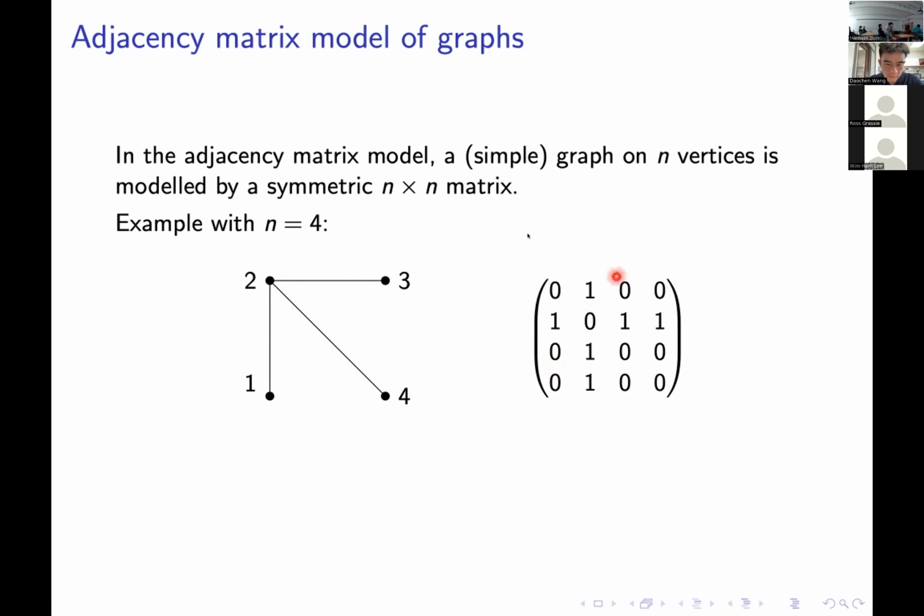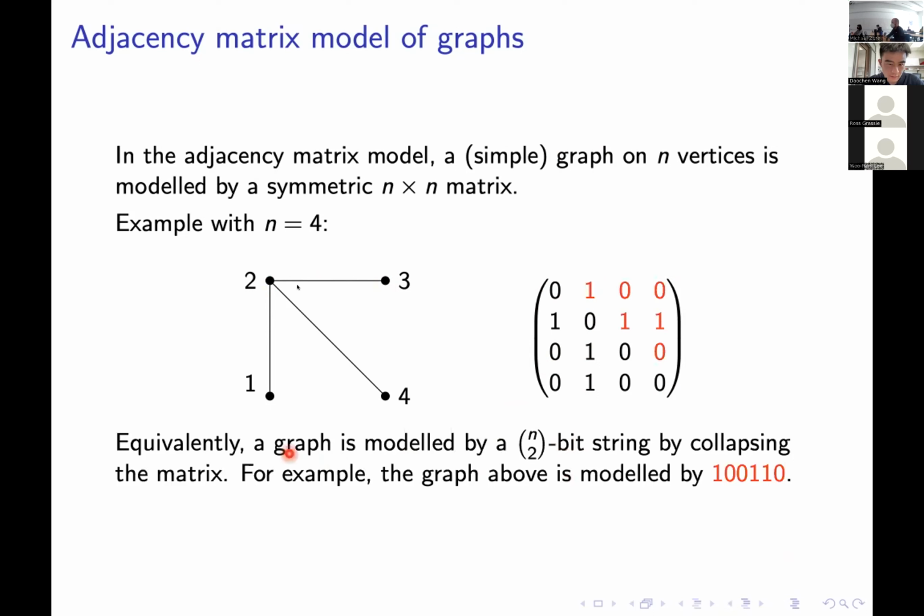Now, this kind of matrix is somewhat difficult to fit into the bit string framework we were discussing just a bit earlier, but actually that's no big deal at all, because we can simply collapse this matrix into an n choose 2-bit string by concatenating the entries in the matrix. Note that we don't have to also include the other side, because it's a symmetric matrix and doesn't give any extra information.